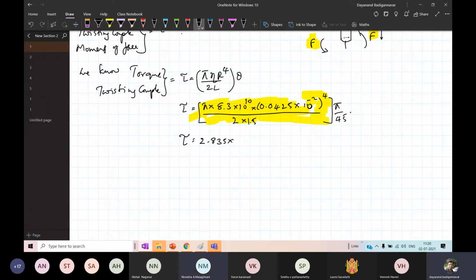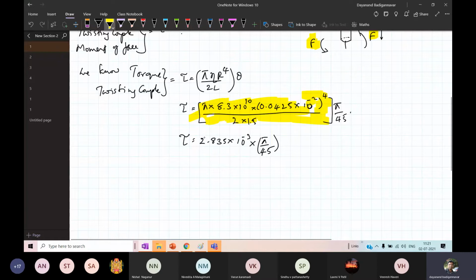Minus 7 or minus 3? Check it. Minus 3 is correct. I made a mistake, because we also go wrong; we are not God, we are human beings like you.